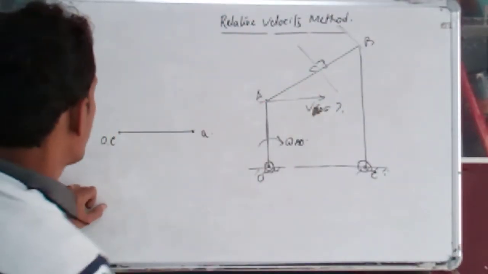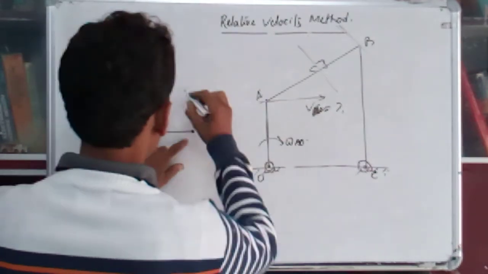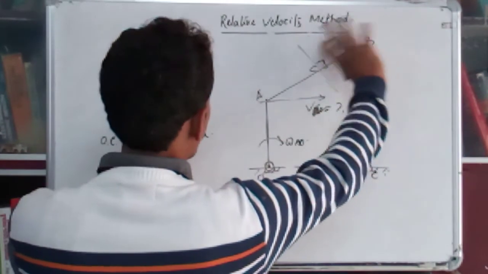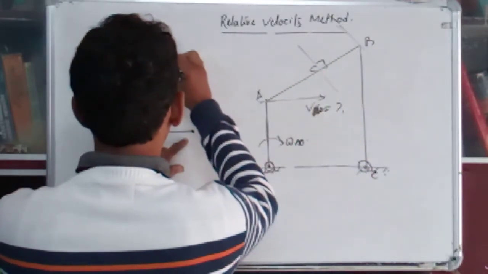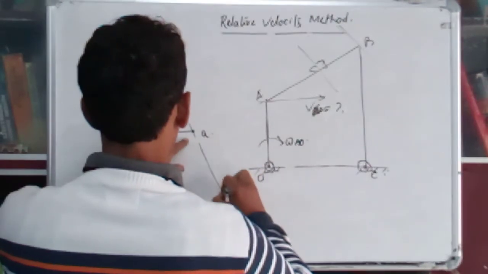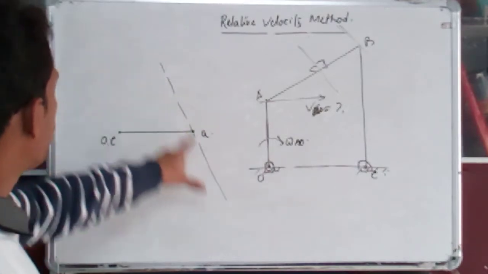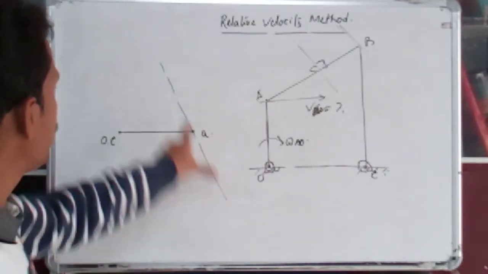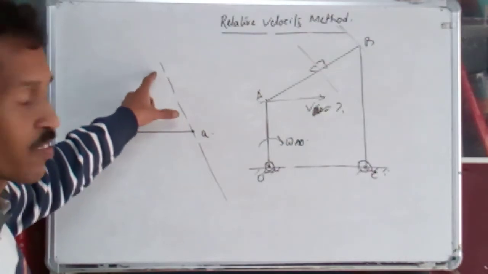If you draw the perpendicular line, because this dimension is not known, draw a line perpendicular at point A. Now B will be anywhere on this line. It may be here or it may be here. It is not known.